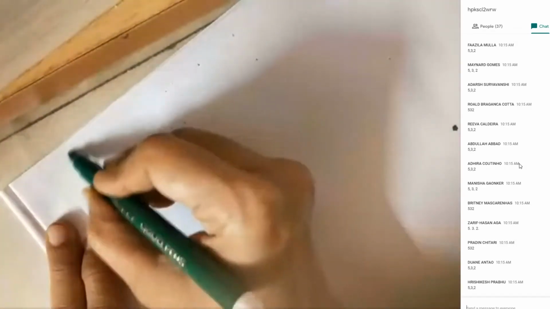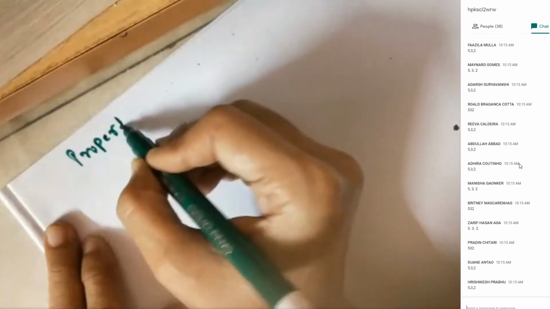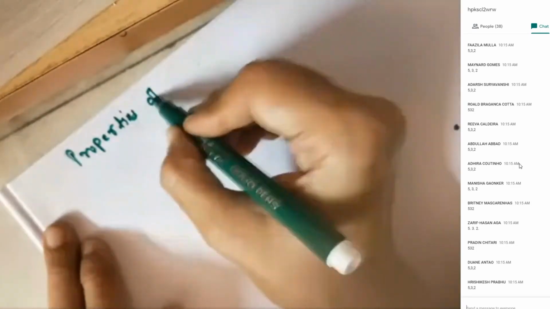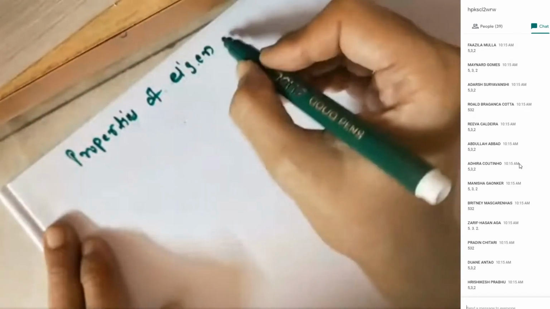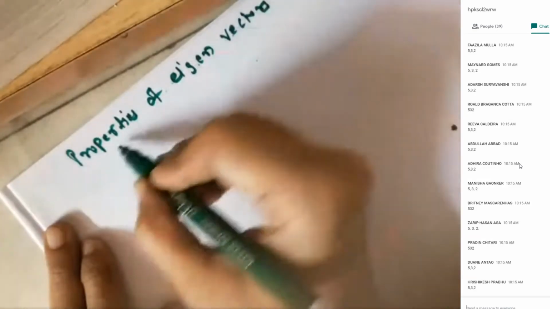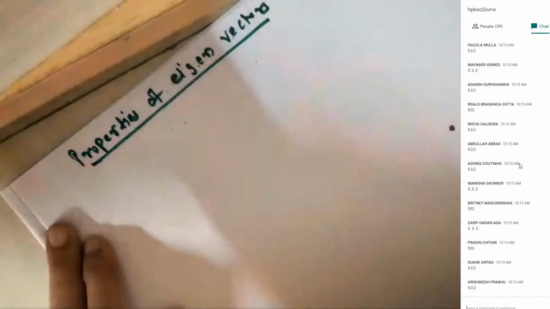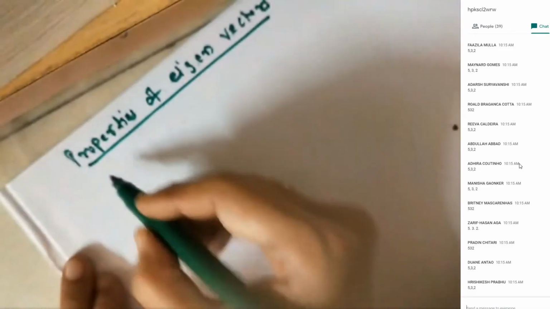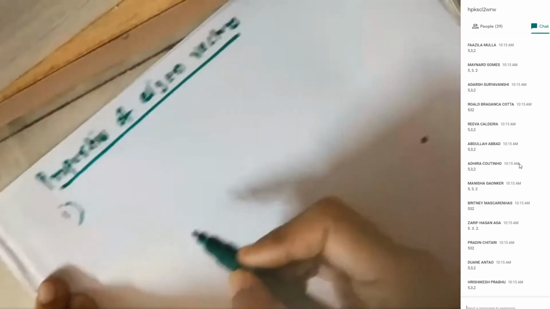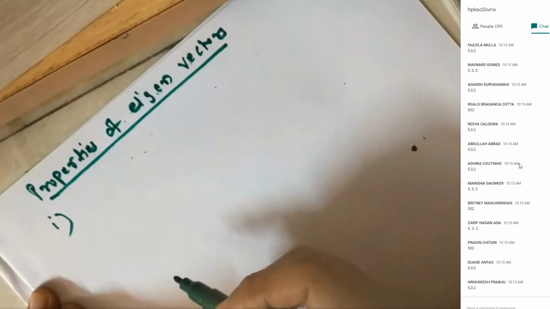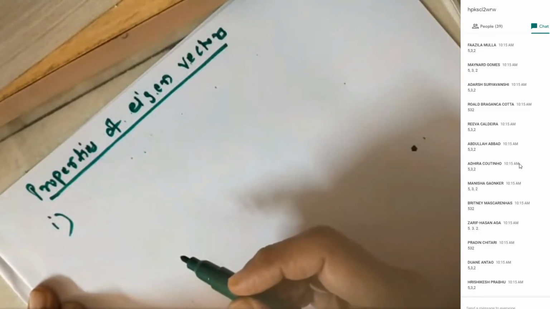So, it is called as properties of eigenvectors. So, keeping these properties in mind, you can proceed to find eigenvectors. Now, the first and the important property is, students, the eigenvector X is not unique.